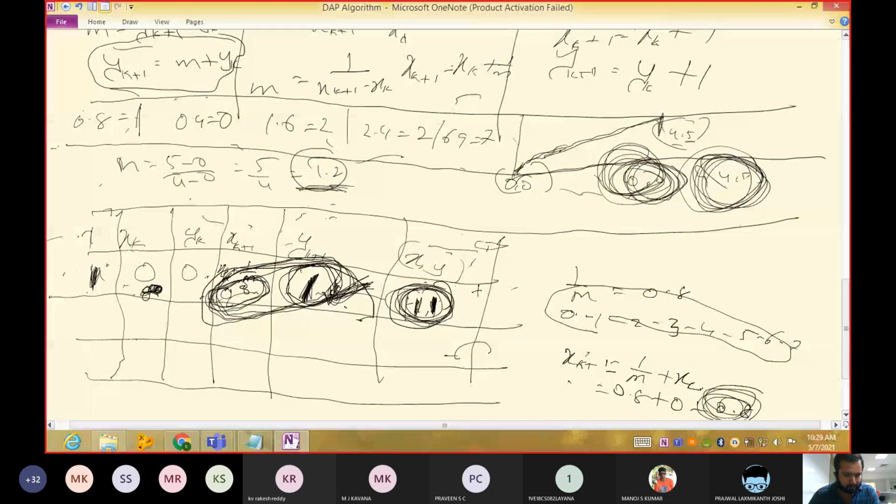Is it clear? Are you sleeping? So now, second thing. We got x as 0.8 and y as 1. Now we have x equal to 0.8, the new pixel value, and y equal to 1.